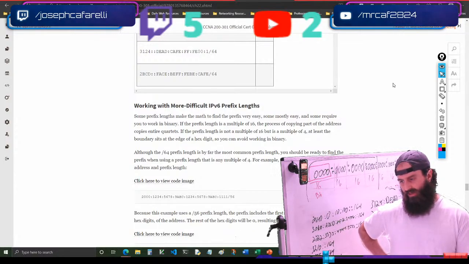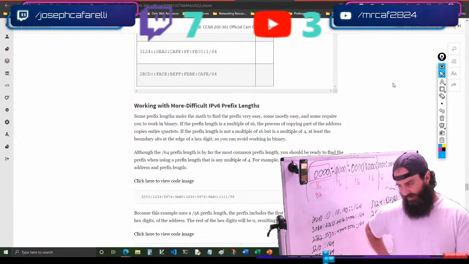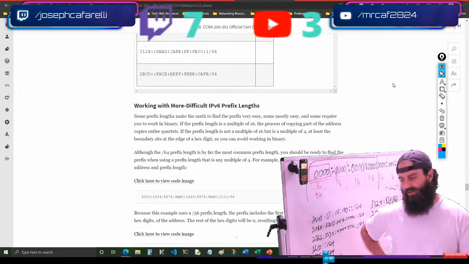If the prefix length is not a multiple of 16, but is a multiple of 4, at least the boundary sits at the edge of the hex digit, so you can avoid working in binary. Although the /64 length is the most common prefix length, you should be ready to find the prefix when using a prefix length that is any multiple of 4.